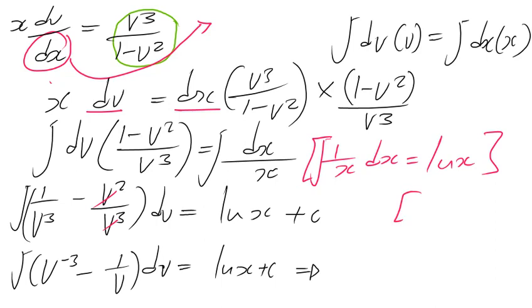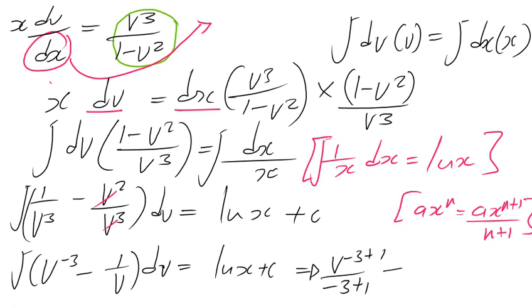Taking you back to the basics of integration: if you've got ax to the power n, the integral will be equal to ax to the power n plus 1 over n plus 1. This is the formula for standard integration. So that's exactly what we're going to do there. We're going to have v to the power minus 3 plus 1 divided by minus 3 plus 1. And then minus, remember 1 over v is like 1 over x. The integration of 1 over x is ln v, equals ln x plus c.